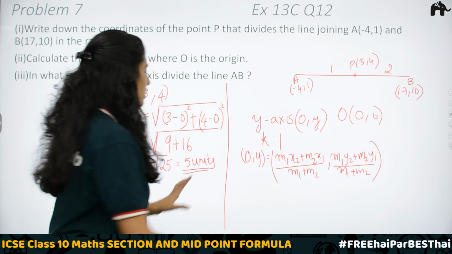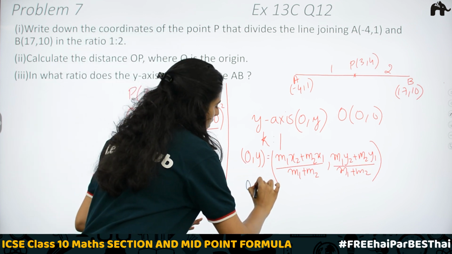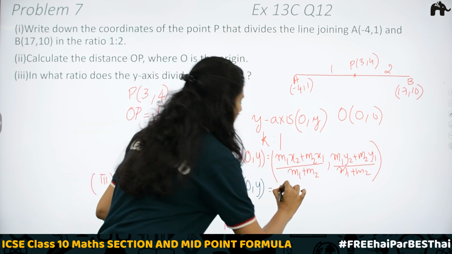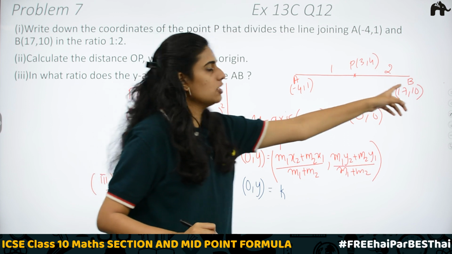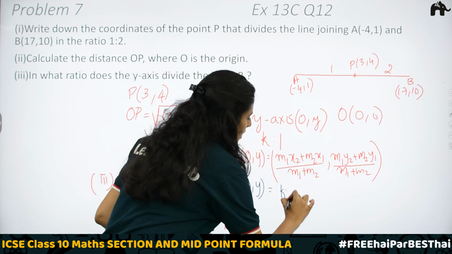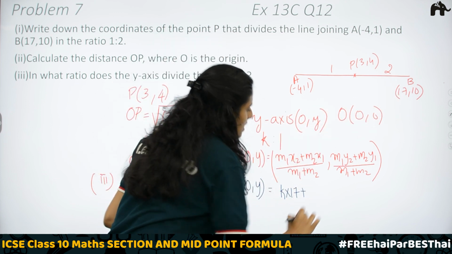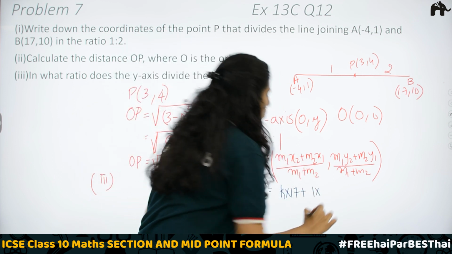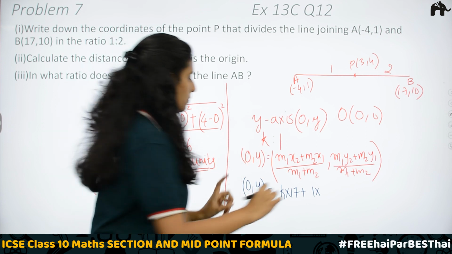Putting values, we get 0, y is equal to m1, that is k, into x2, coordinates of B, 17, plus m2 x1. m2 is 1 into, what is x1? Minus 4.